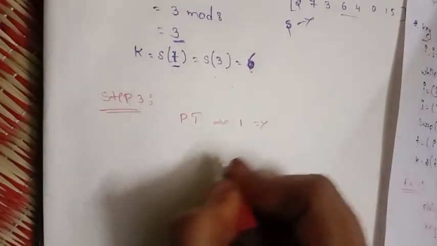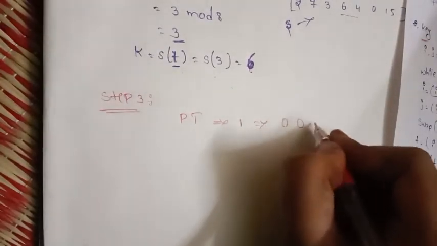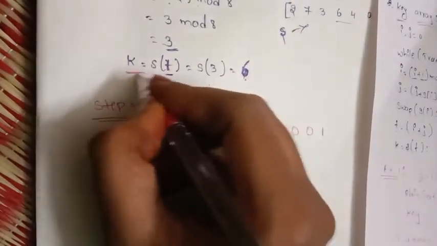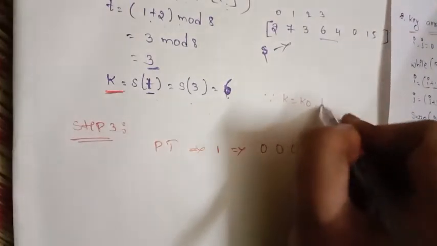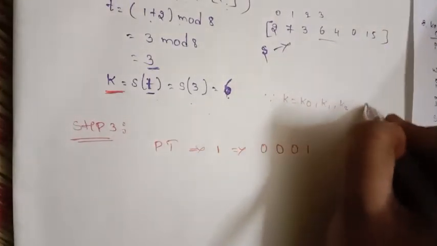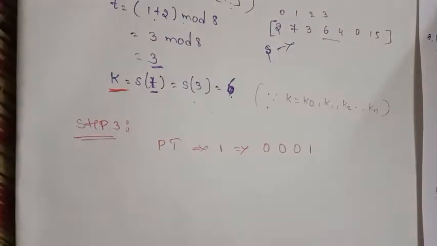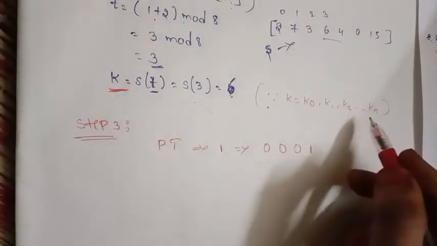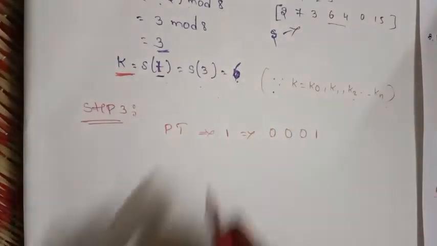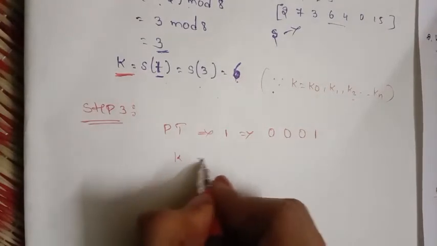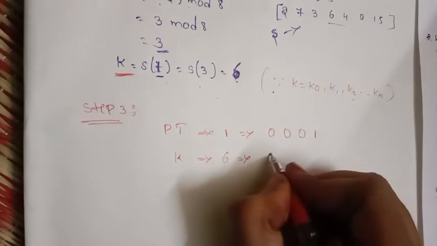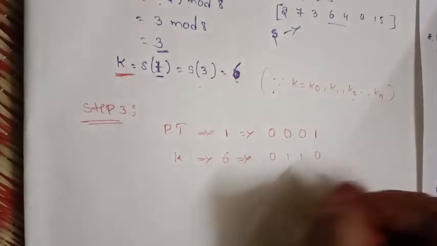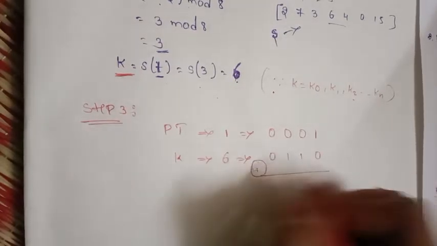What is the binary form of 1, guys? 0001. Now take the k value, where k equals k0, k1, k2 and so on up to kn. Here the k value is 6, and the binary form of 6 is 0110.